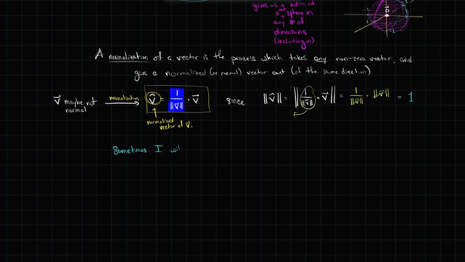Sometimes I will write that v hat, instead of writing it as a scalar times the original vector, I will just pretend like you can divide by scalars, which I think kind of makes sense. But just interpret that division, it's a vector on top, it's a scalar on the bottom. Interpret the division as what's happening earlier. So that's a normalization.